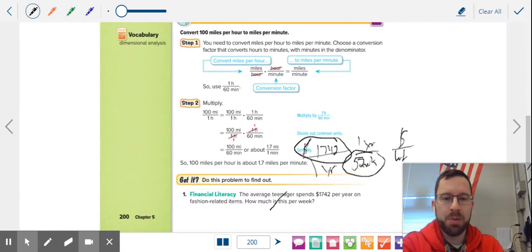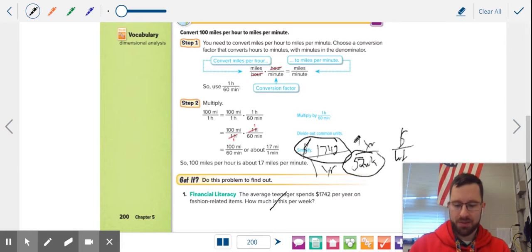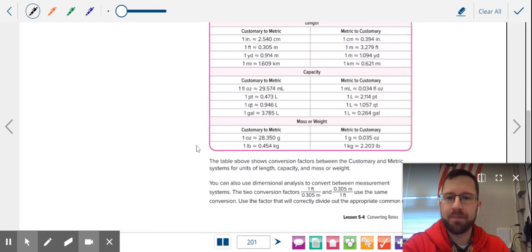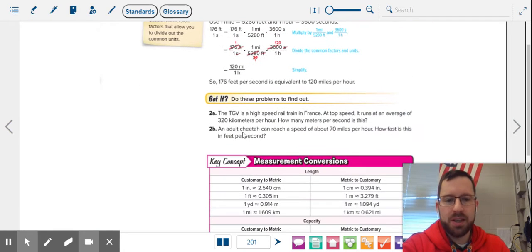Numbers on top I would multiply, numbers on bottom I will divide. So 1742 divided by 52 makes $33.50. The average teenager spends $33.50 per week on clothing. On to the next one.